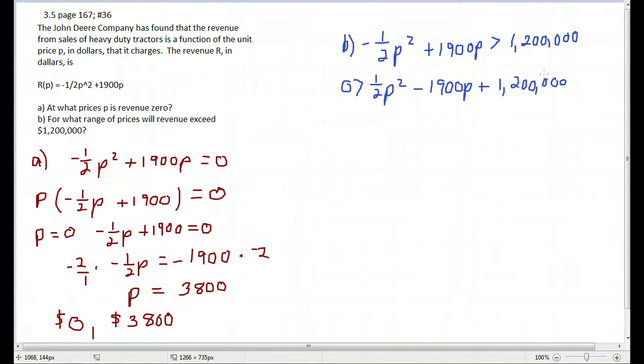Now, this is a little large to try to factor, so I am going to use the quadratic formula.